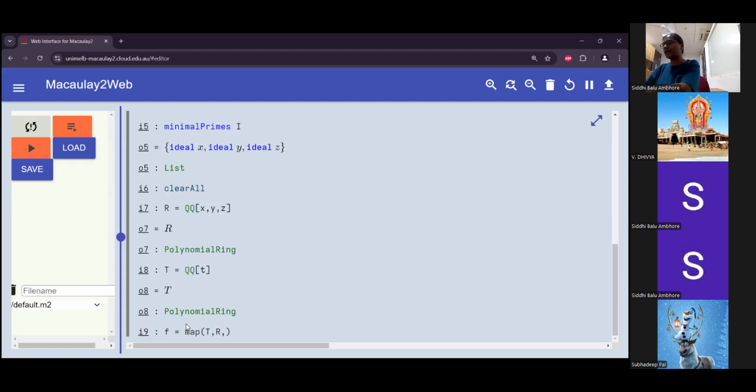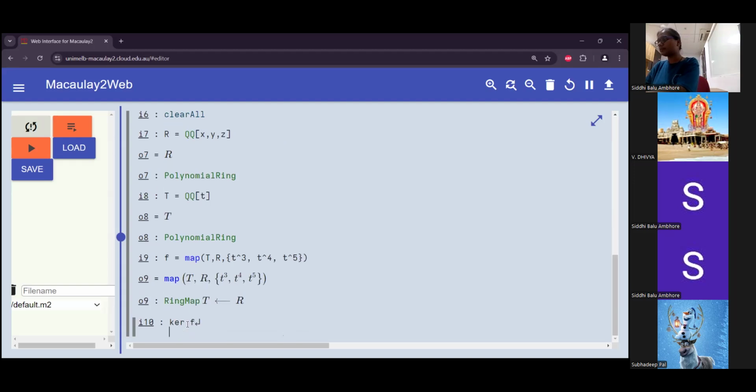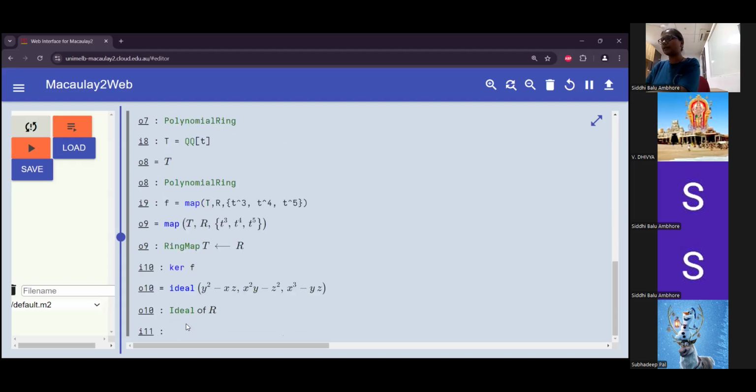So something like that happens here. So this is a 1 cross 3 matrix. So we are going from R to T, where 3 variables are going to 1 variable, kind of thing. So t cubed, t^4, t to the power 5. Okay, and we will see what the kernel of this map is. Let us check. It is this ideal.